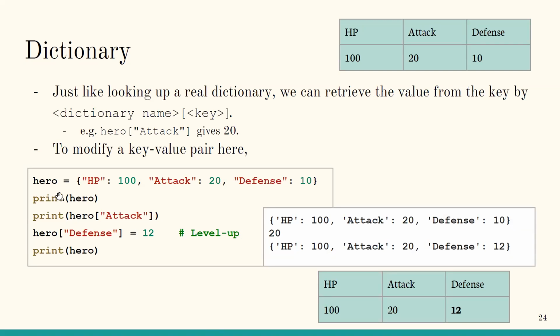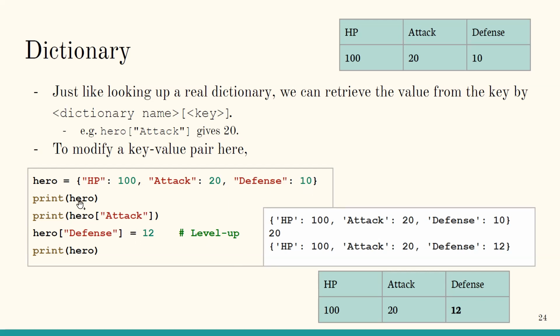Okay, so here, I think this is coming from a game, right? Level up this hero character in here, the hero dictionary. We want to change the defense from 10 to 12. We want to level up, so we reassign this.